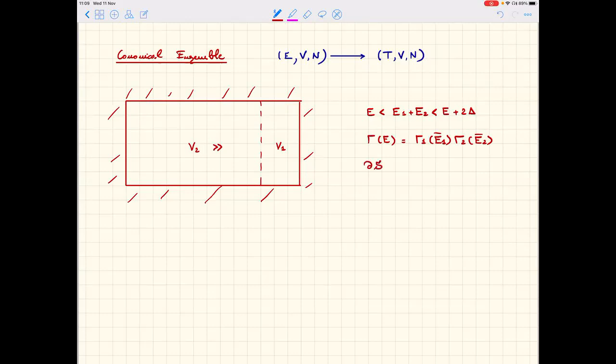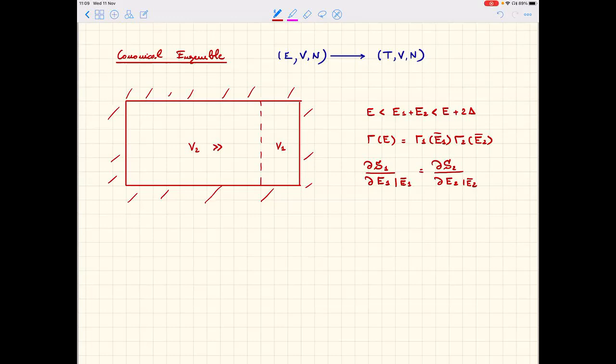And the conditions to find E bar 1 and E bar 2 are that the derivative of the entropy of system number 1 evaluated at E bar 1 should be equal to the derivative of the entropy of system number 2 evaluated at E bar 2. Okay?